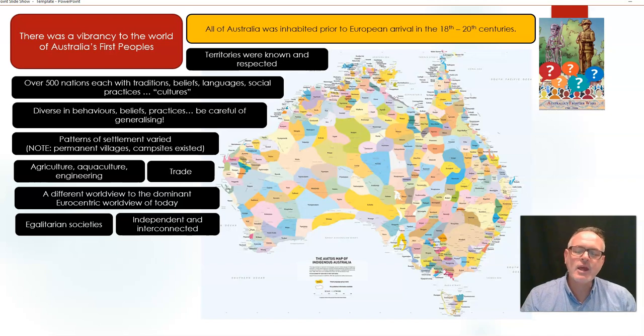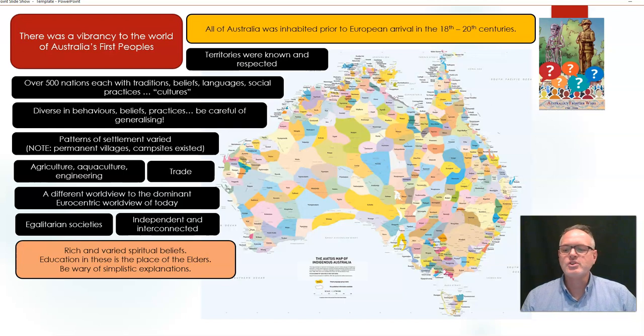They were connected and interconnected, but at the same time quite separate at times. These boundaries were known. They had alliances and wars amongst themselves. They grouped together for great feasts and corroborees, for great ceremonial times, for marriages, but then separated out. So they were independent but interconnected.